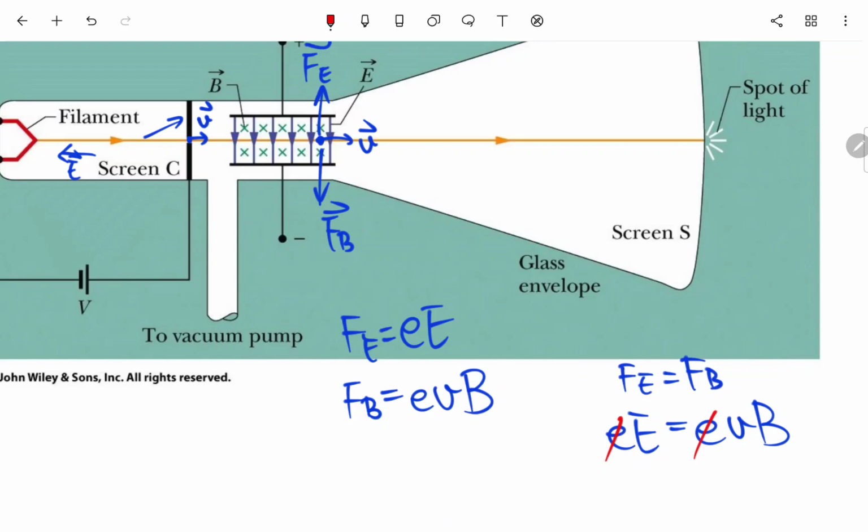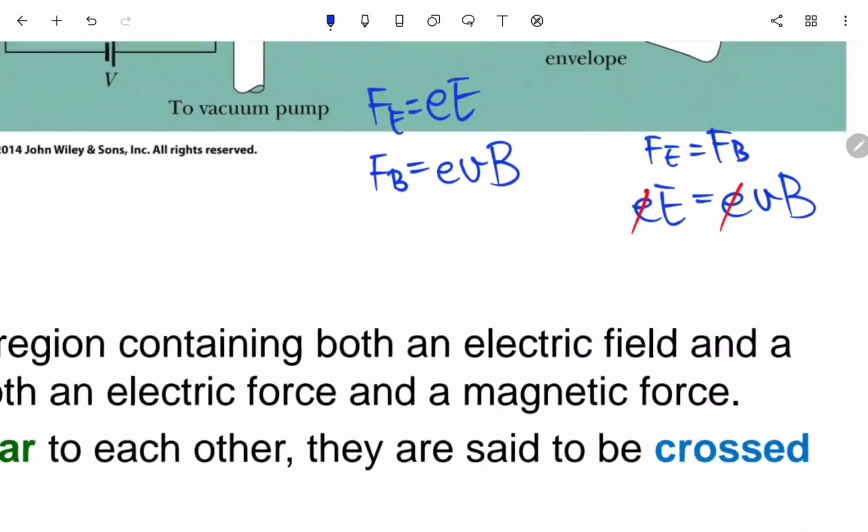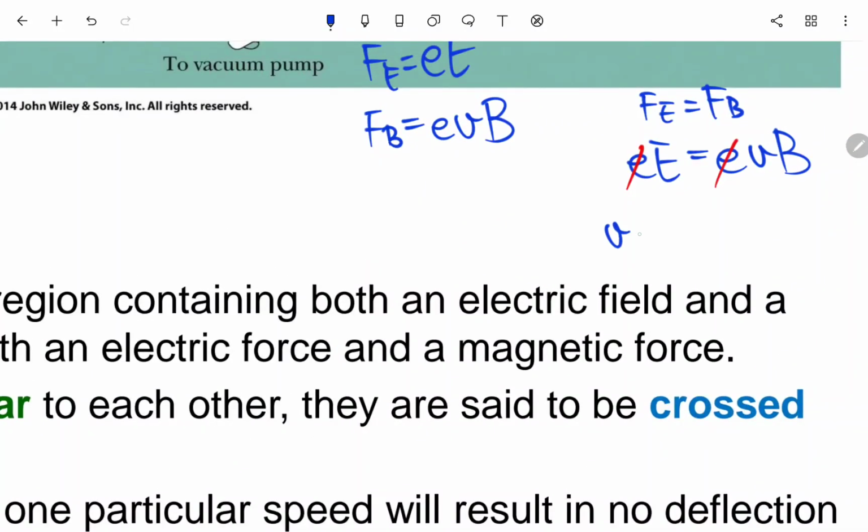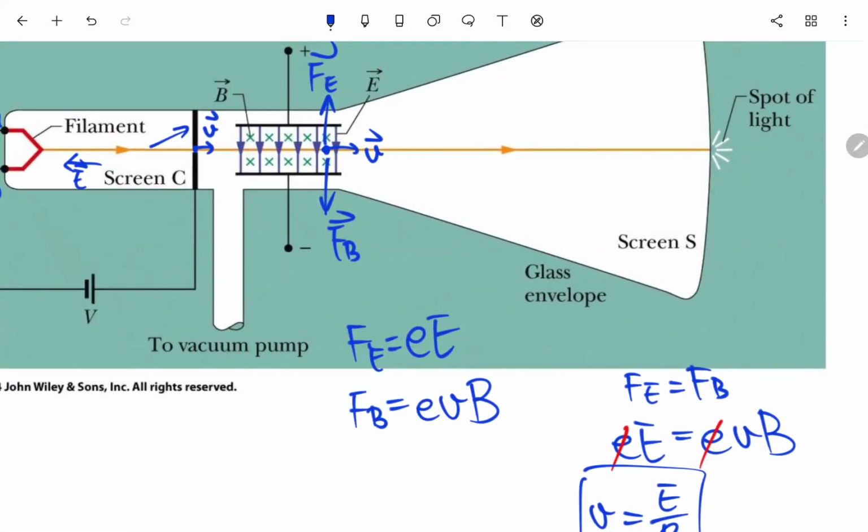Which means that if v equals E over B, then there will be no force acting on this electron.